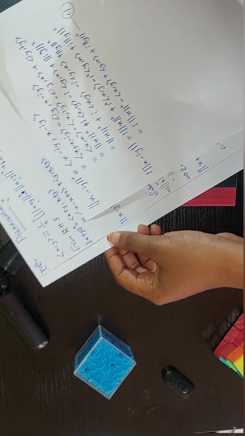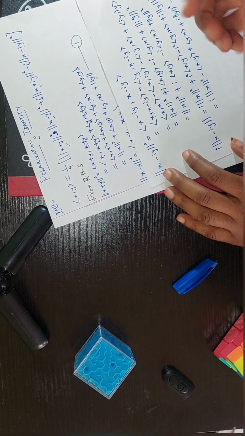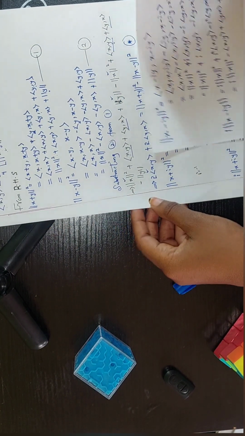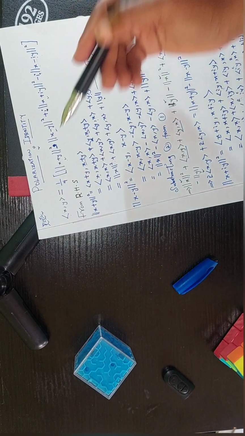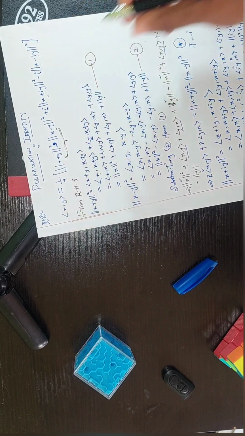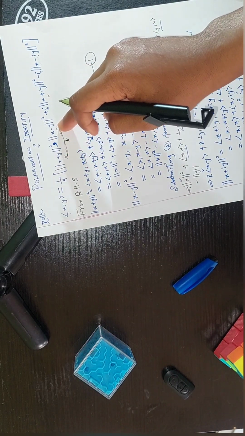So let's start. For the first one, this ‖x + y‖², I think we've done these first two already. We did this and we named this equation asterisk. So let's just write asterisk out now.